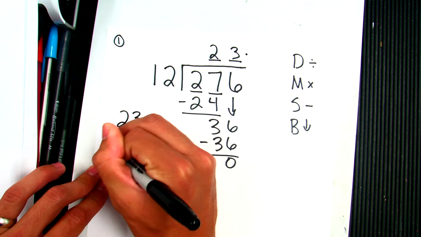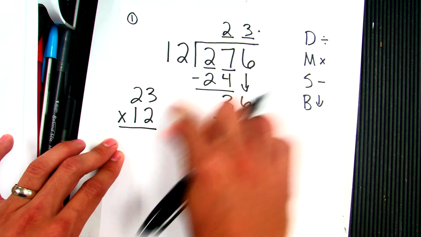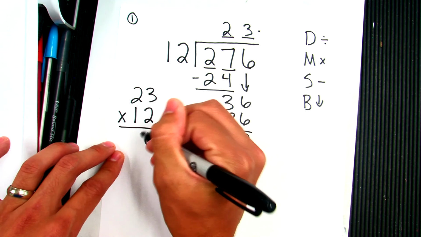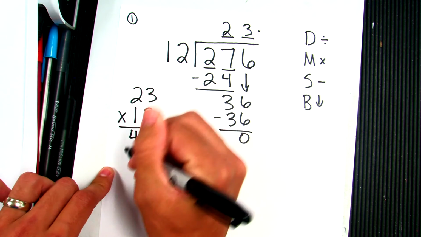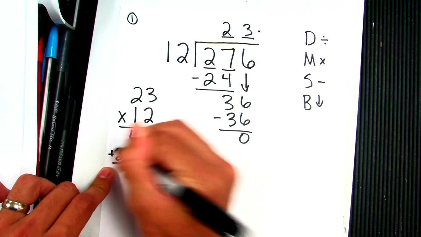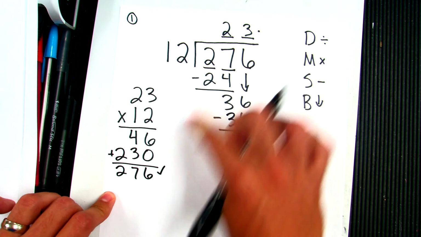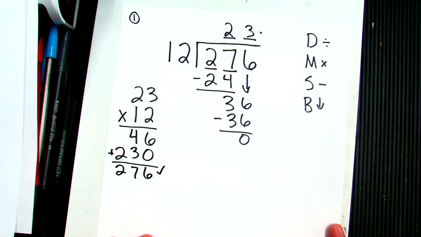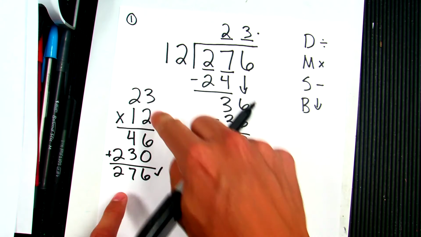It doesn't really matter, but I should multiply this and I should get my dividend. 6, 4, bring down my placeholder, 3, 2, add: 6, 7, 2, same as my dividend. I did it correct.